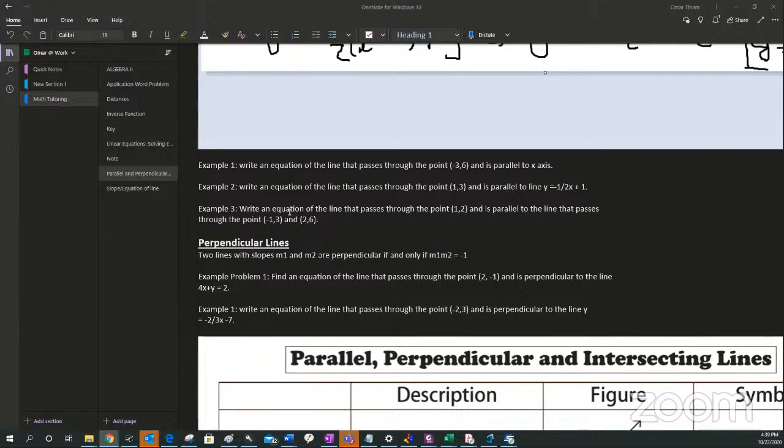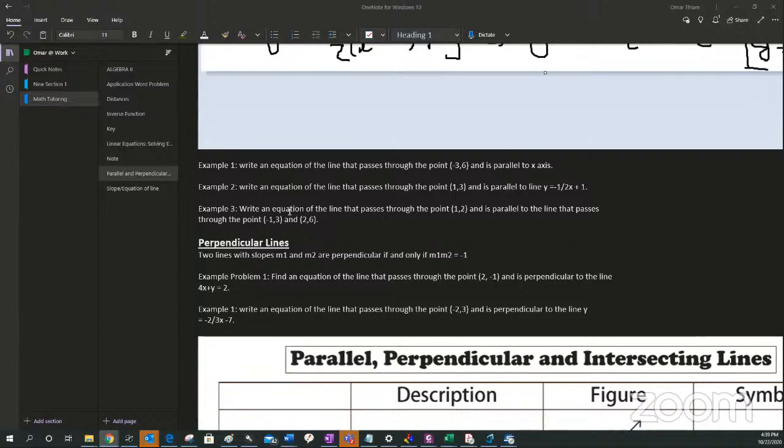This is maybe just a little bit more work, but if you apply the same concept, it's the same thing. So let's try to do that.